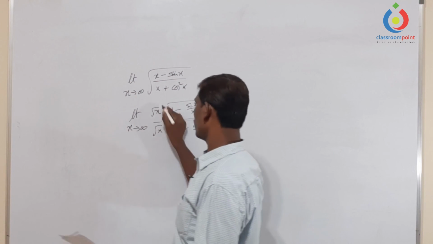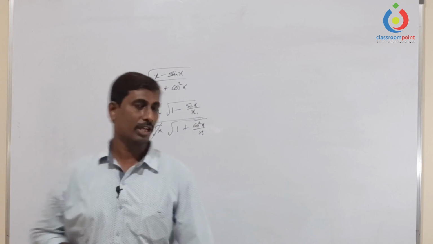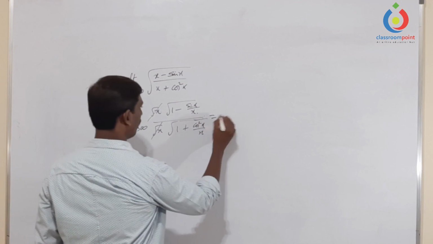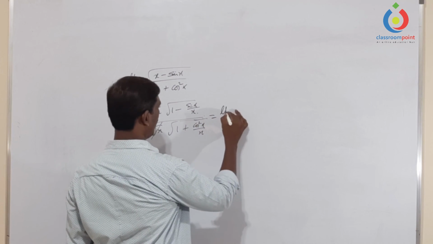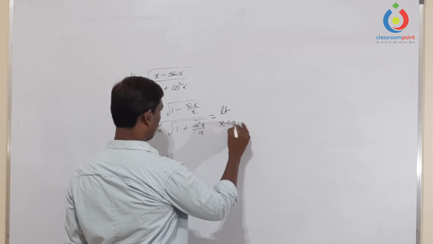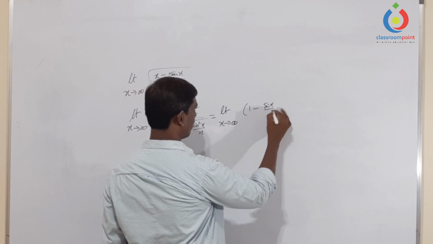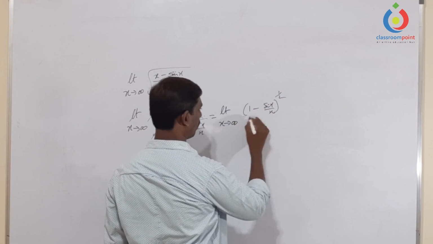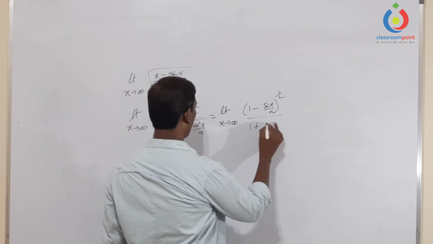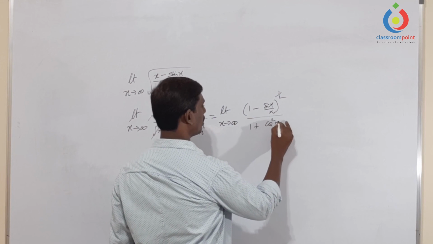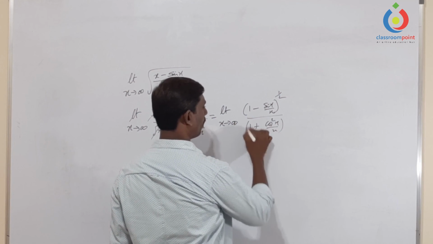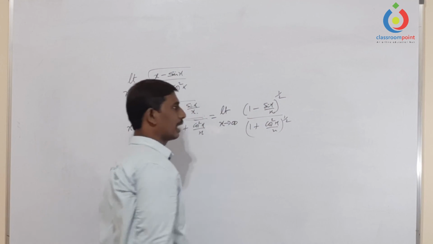Then what to do, sir? First of all, cancel these both. Then what do we do here? It is equal to limit x tends to infinity of 1 minus sin x by x whole power 1 by 2, whole divided by 1 plus cos square x by x whole power 1 by 2. Then what to do, sir?